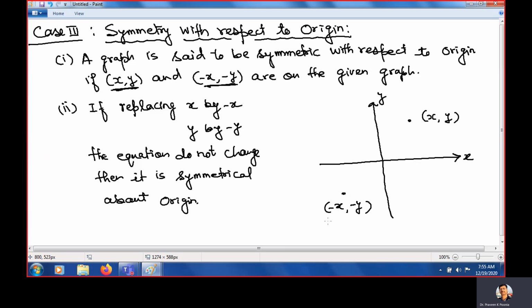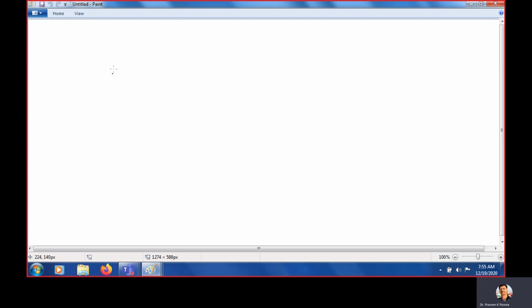So in this type of symmetry, whatever the image in first quadrant, same should be in third quadrant, and whatever in second quadrant, same should be in fourth quadrant. If it is like that, then the graph is symmetrical about the origin. Clear?